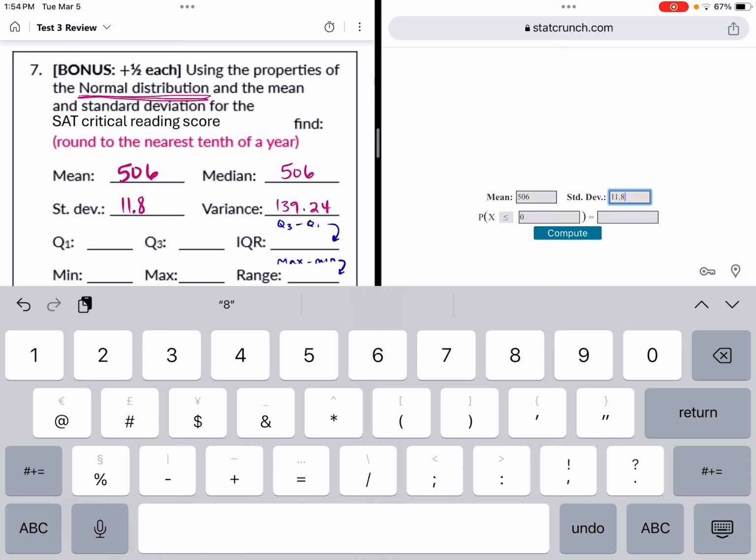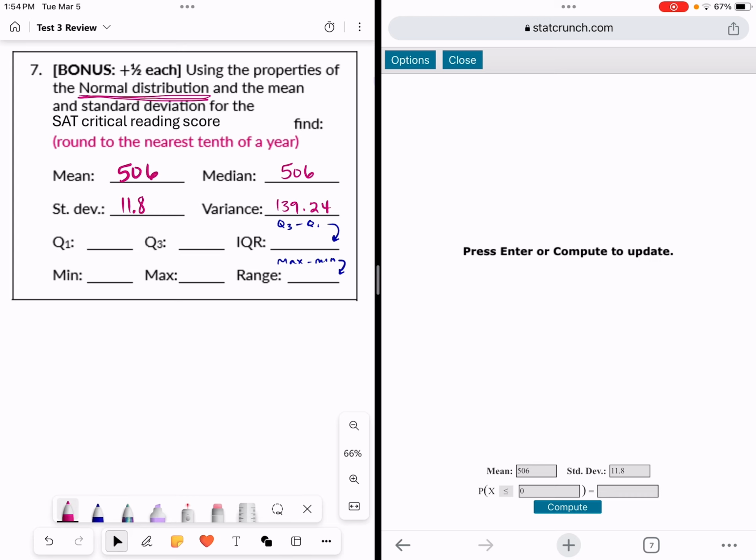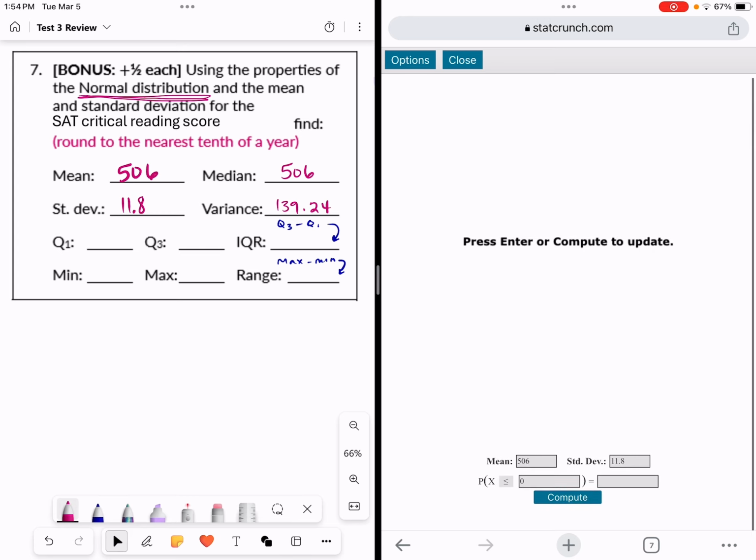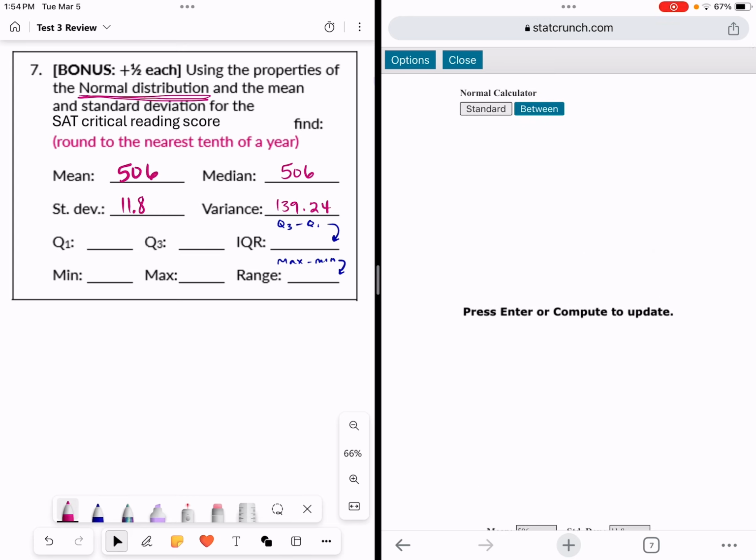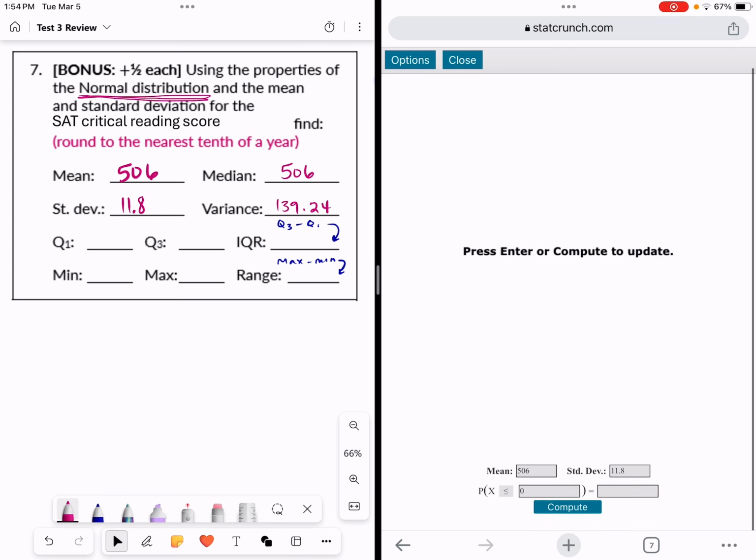And remember, when we are working with the quartiles, I can do one of two things. Quartiles break our data into quarters. And so we would have Q1, the median, and then Q3.